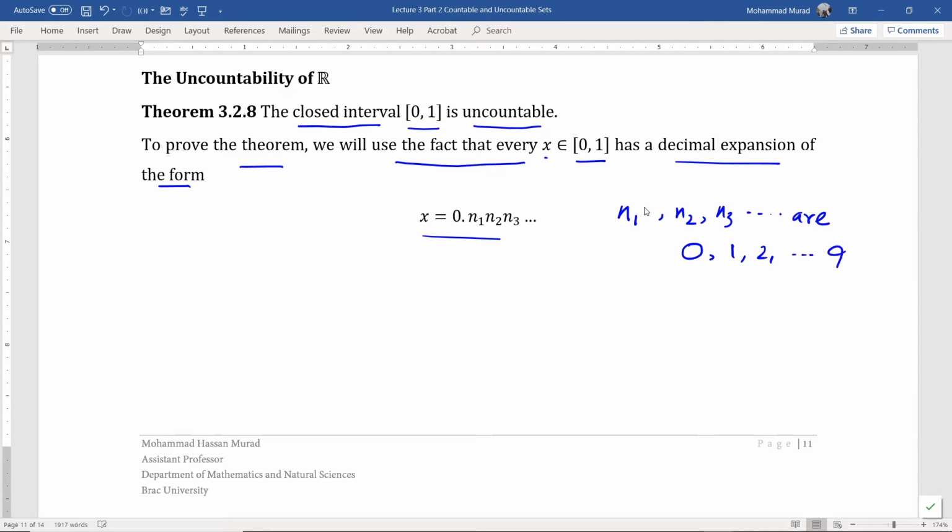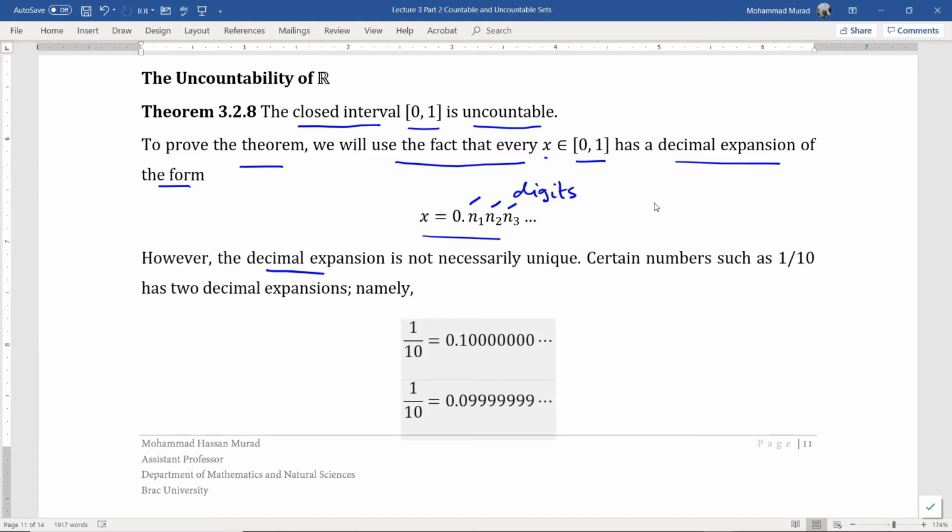So these are in fact digits. For example, x could be an element like 0.7632513266 and so on. This element is in the set 0 to 1.